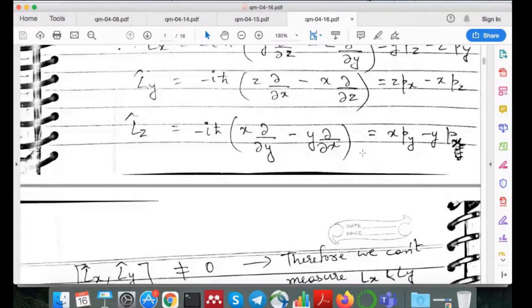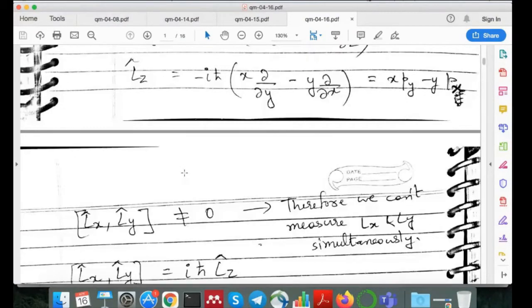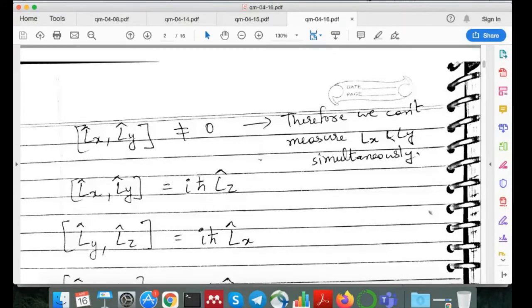Now we should also look at the commutator relations between all of these operators. If you look, Lx and Ly do not commute with each other. Physically, this means the observables from those two operators cannot be measured simultaneously with arbitrary accuracy.